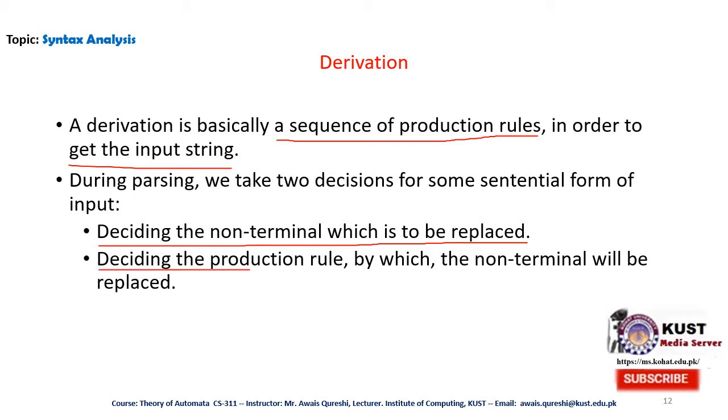When we are designing context-free grammars, we have different production rules for particular non-terminals, and those non-terminals during compilation will be replaced by their respective values. So during parsing, we take two decisions. The first is deciding the non-terminal which is to be replaced, and after that we decide which production rule we will use to replace that non-terminal.